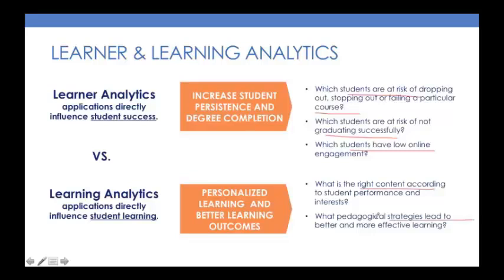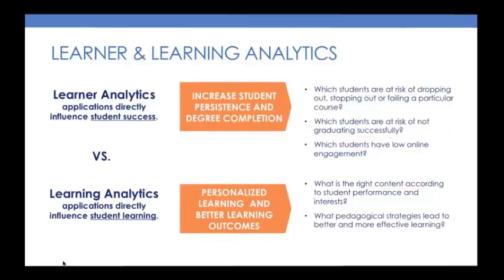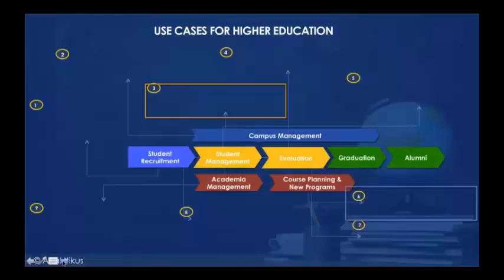So I'm going to share with you some use cases that we've identified and that we've implemented for some educational institutions. What we're seeing right now is a simplified value chain of an educational institution. We have student recruitment at the very beginning, student management, evaluation, graduation, then we have the alumni.